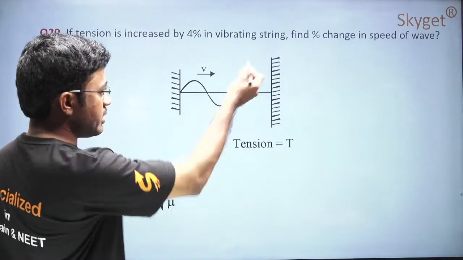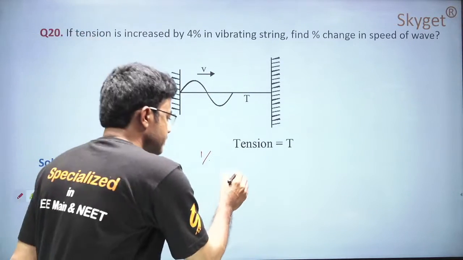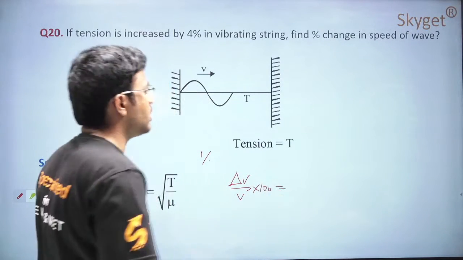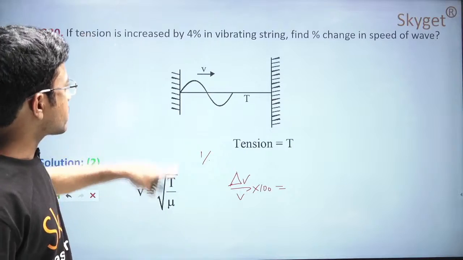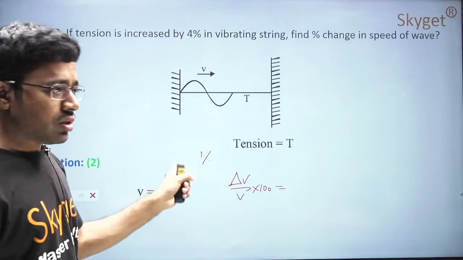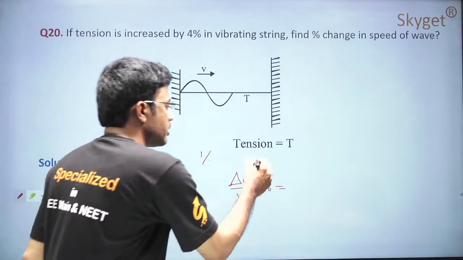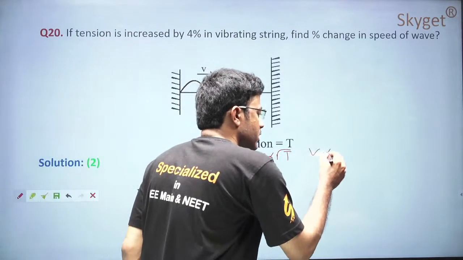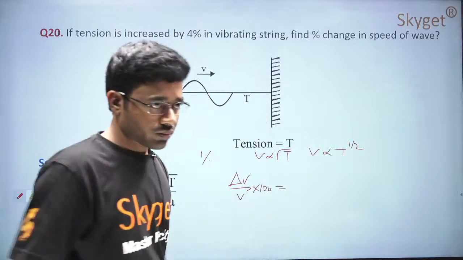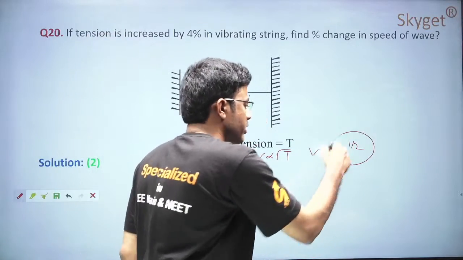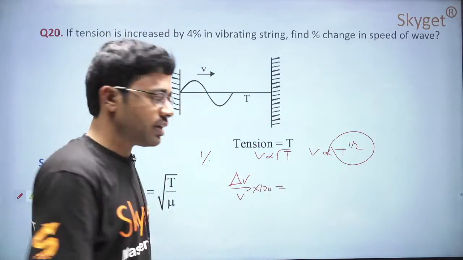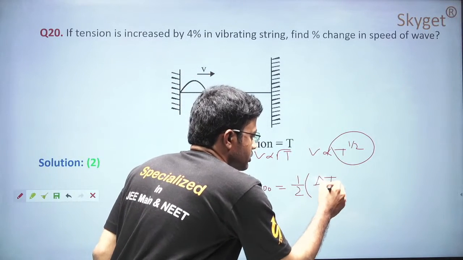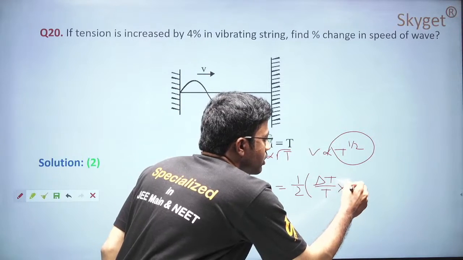The percentage change in the value of V is delta V by V into 100, and it asks only about the tension T. V is directly proportional to the square root of tension, that is V is proportional to T power 1 by 2. So you simply multiply that power with the percentage error of tension T, that is delta T by T into 100.